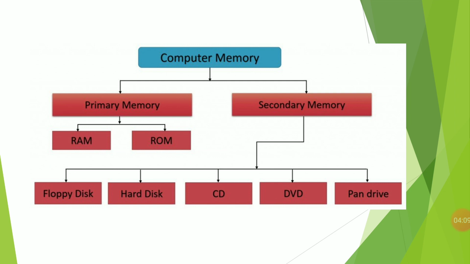RAM stands for random access memory. It is a type of computer internal or primary memory that can be accessed randomly. Whatever information we enter in the computer goes into RAM and remains there as long as we are working on an application or on a PC.